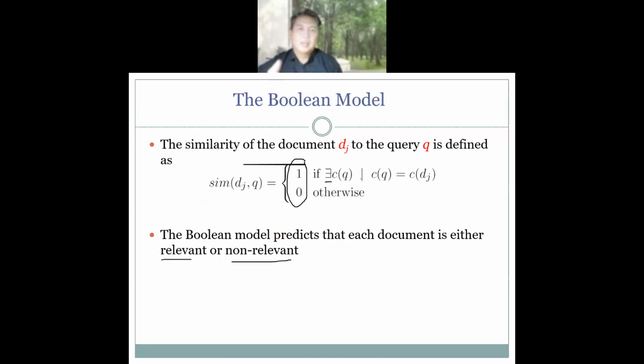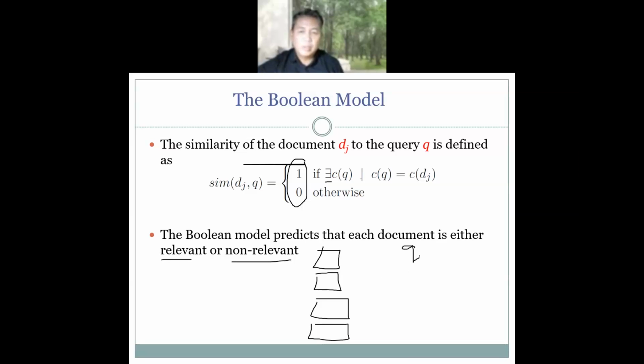So for the conclusion of this Boolean model, it only tells you whether the document is relevant or not relevant. For that reason, you have no way to quantify the ranking of the documents. Let's suppose you have 10 documents, or 4 documents.